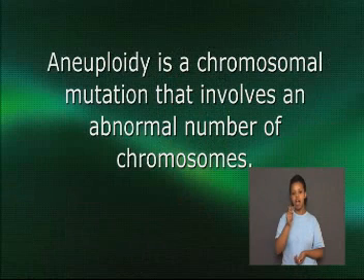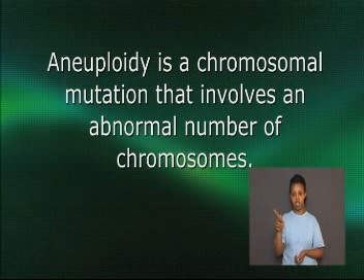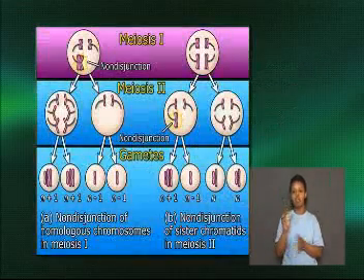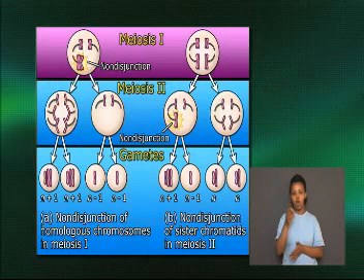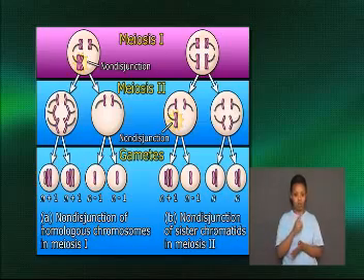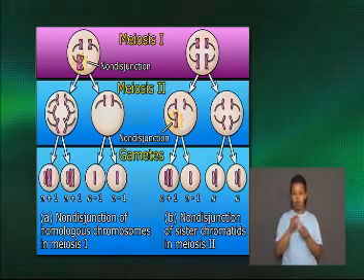Aneuploidy is a chromosomal mutation that involves an abnormal number of chromosomes. When homologous chromosomes do not separate successfully to opposite poles during meiosis, the result is that one of the gametes lacks a chromosome, while the other has an extra chromosome.